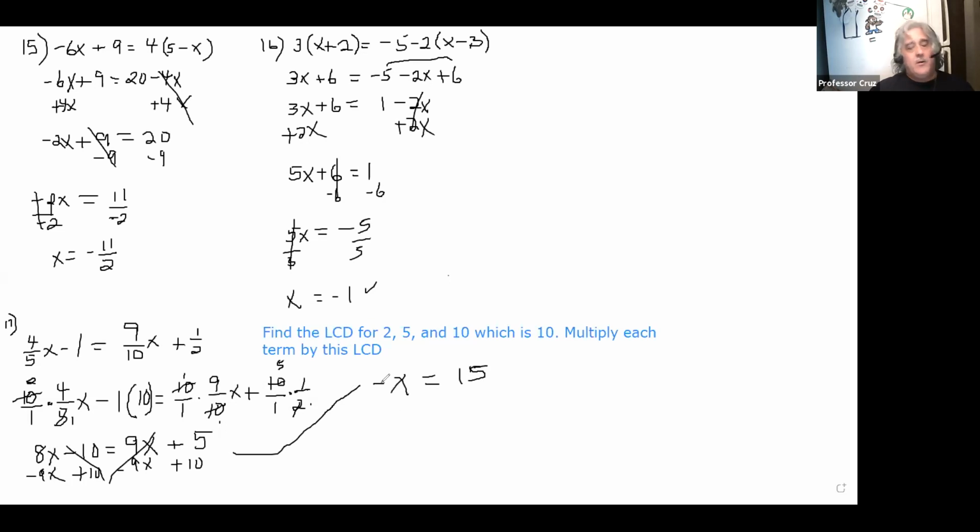So what we got to do is multiply both sides by negative because we need to have this as a positive 1x. So we're going to just change the sign, but we got to do it to both of them. And put a 1 in there if that makes us feel better.